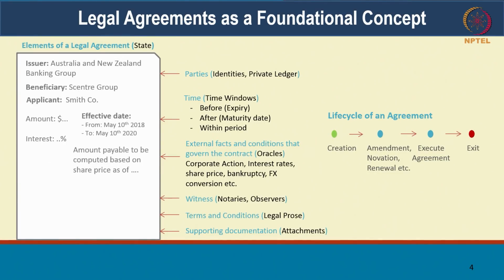This is a fundamentally, philosophically different notion from Ethereum, like we discussed in the previous lectures. Ethereum, as I mentioned, considered code is the law. But in Corda, they consider the code and the legal agreement as two distinct aspects.